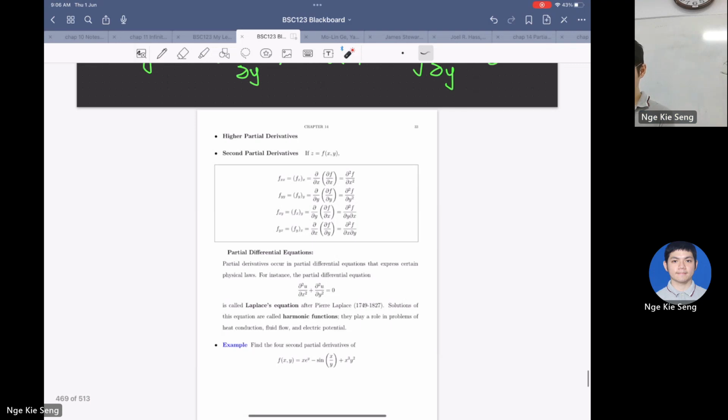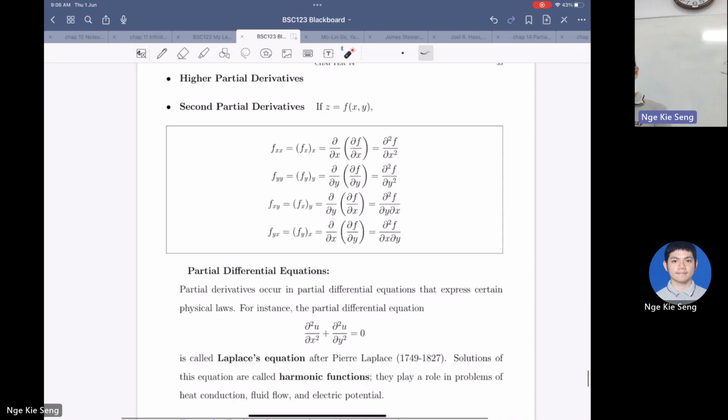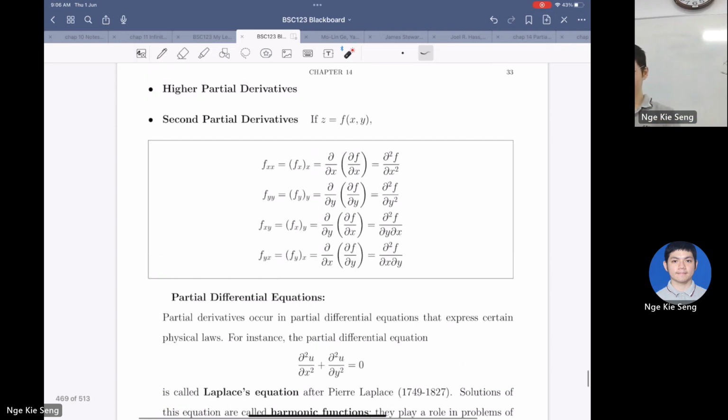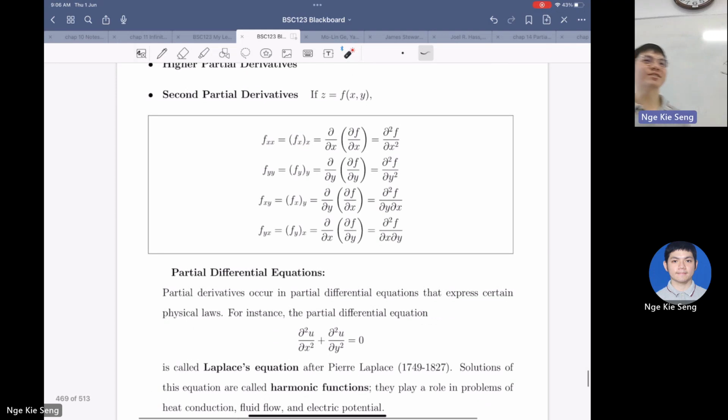All right, should we go to the next one? So you can do the first derivative, and you can also do the second derivative. Now with the second derivative you have more combinations.